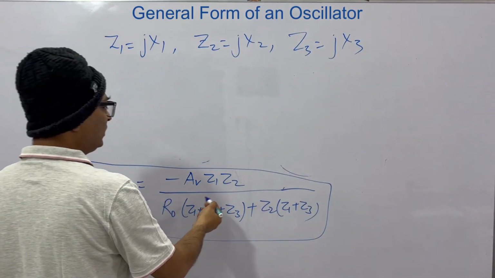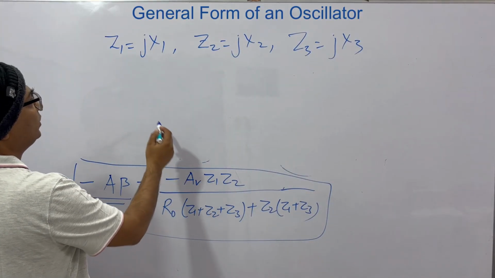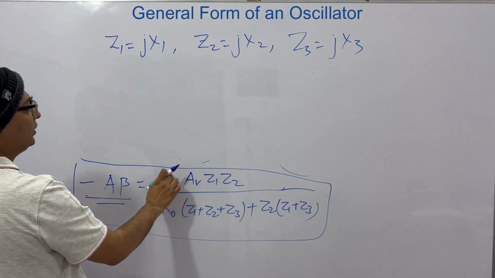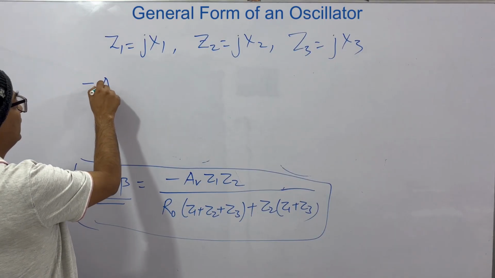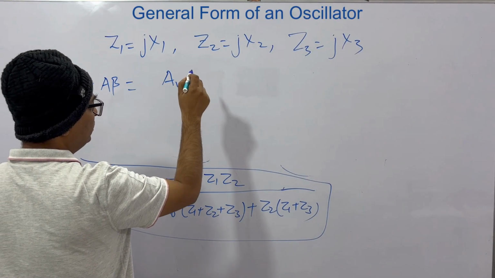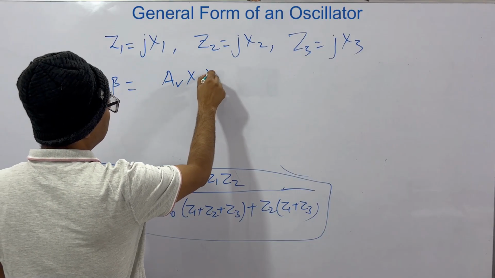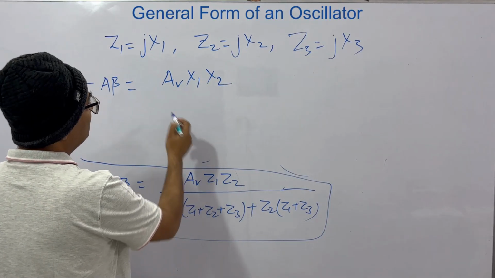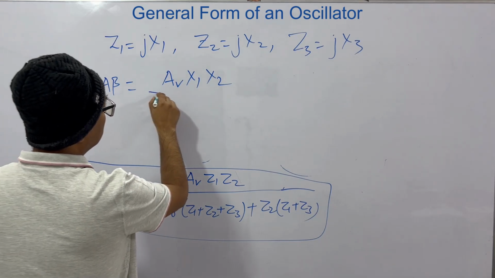So now you can put these values. See, Z1 into Z2, so j square, so this minus will be gone. So you can write A beta is equal to AV into X1, X2. J square, minus minus cancels.